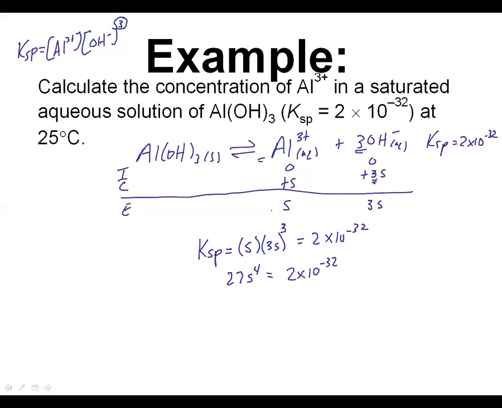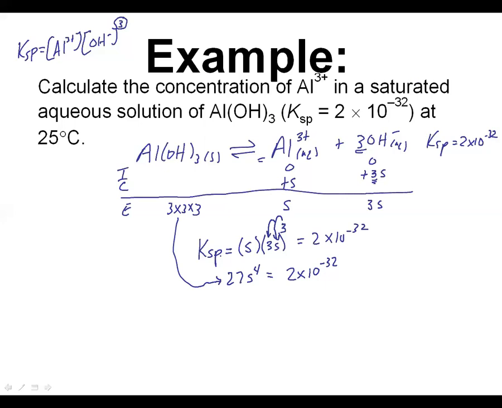I will say as well, the other thing that people screw up on is they decide, I will always cube that S, but they kind of forget to do the number. So remember, you've got to do the 3 times 3 times 3, which gets you the 27. It's a very, very common mistake that people for some reason will always square the S or cube the S, but they always like to leave the number alone.